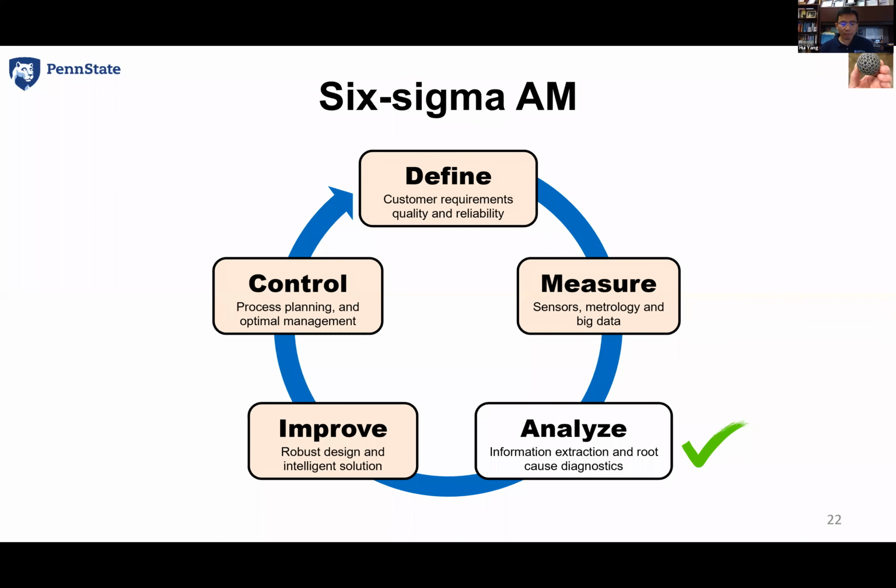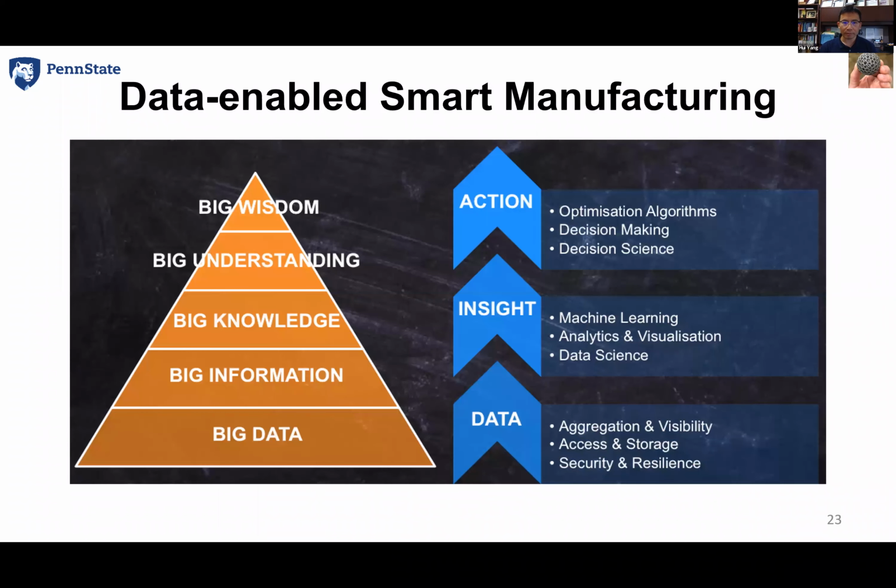So there are different ways to do the sensing: thermal imaging, optical imaging, and those kinds of advanced sensing and imaging systems generate a lot of data. Now the next step is to analyze those data, extract useful information about the process, understand where the variability is from, and also perform root cause diagnostics.